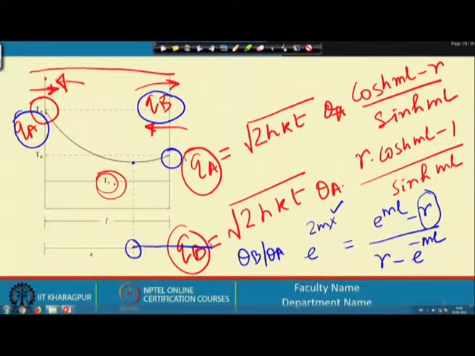Which means that exactly at r equal to 1 by cos hyperbolic mL, we will find that the extremum is exactly at this location.